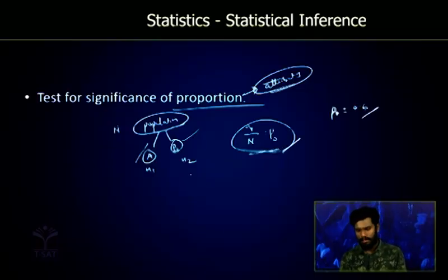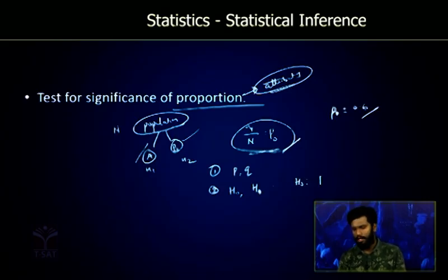The first step is we have to know the parameters which we are testing, that is the proportion parameters p and q, and next one is the null hypothesis and the alternative hypothesis. Null hypothesis, we say that p0 is equal to p, and the alternate hypothesis is p0 is not equal to p.